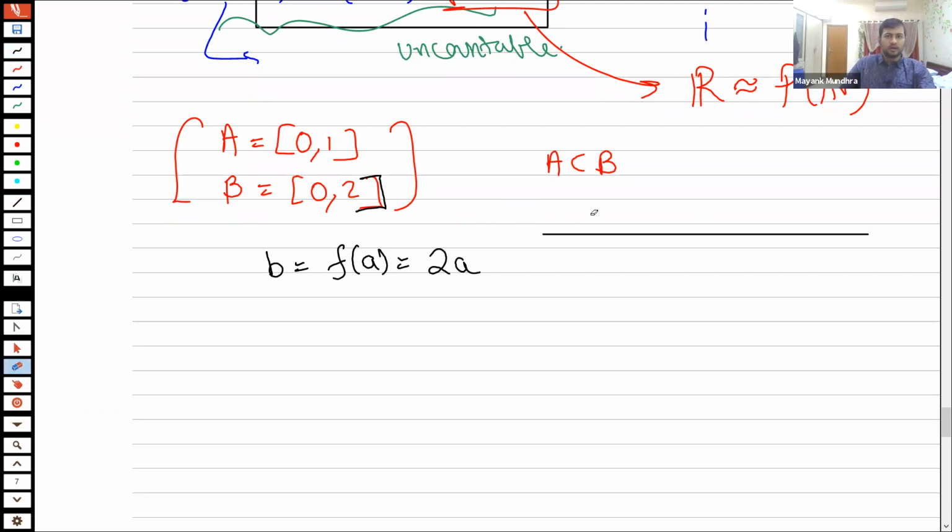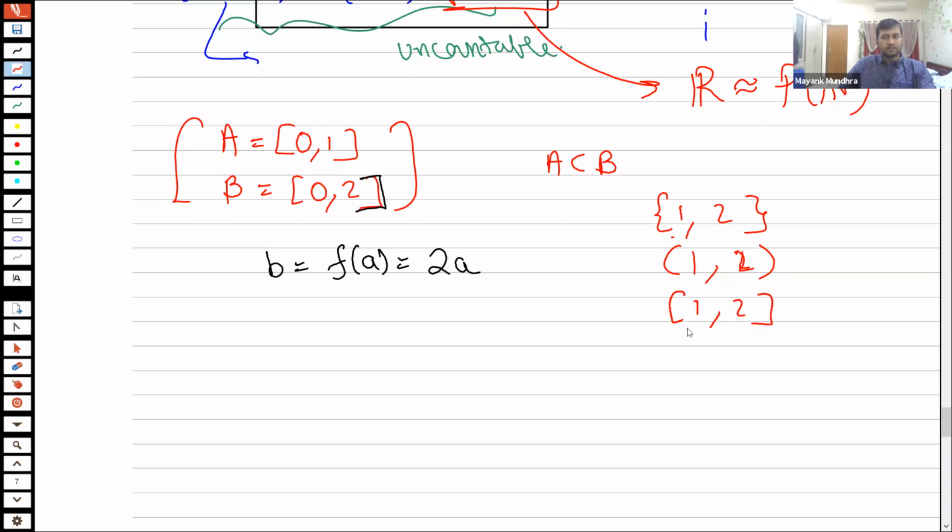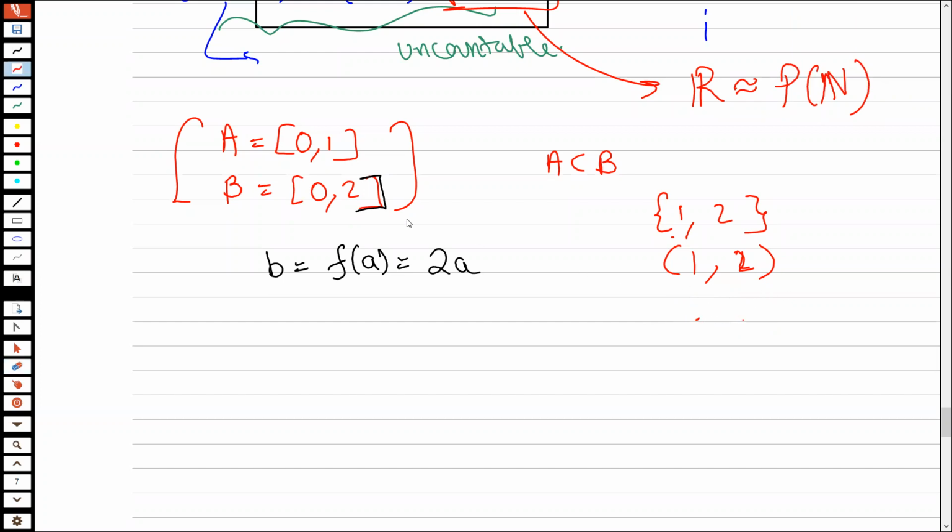Brackets are important. [1, 2] with curly braces is just the elements 1 and 2. (1, 2) is all elements between 1 and 2, but not 1 and 2. [1, 2] is all elements between 1 and 2, including 1 and 2. And [0, 2] is not just 0, 1 and 2. It is all elements like 0.5, all the real numbers. Oh, okay. All the real numbers.